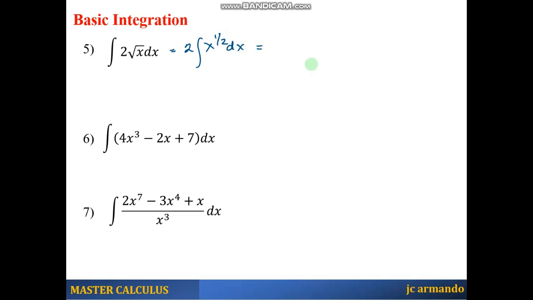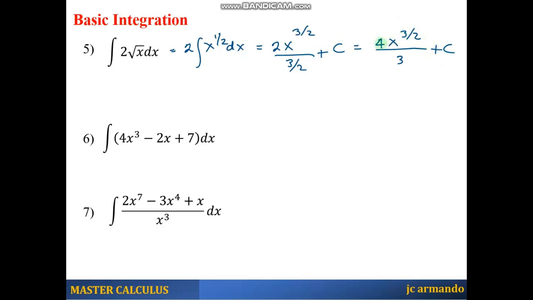And this is the same also as 2x to 1/2 plus 1, 3 halves, divided by 3 over 2 plus c. Ulit, so 2 times x raised to 1/2 plus 1, 3 over 2 divided by 3 over 2 plus c. Then 2 times 2, that is 4x raised to 3/2 divided by 3 plus c. Okay? So, yan na yung sagot natin.